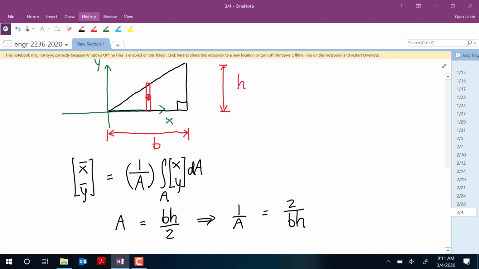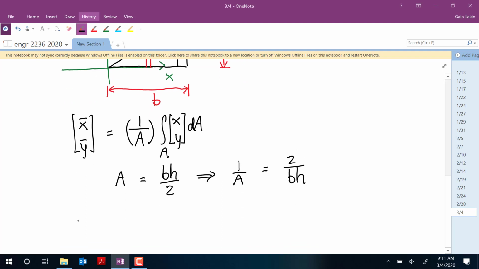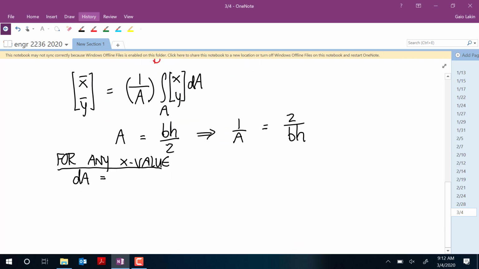Actually, let's do the dA first, and then I think it'll be easier. So this dA, for any x value, is going to be just the height of that times the thickness of it.